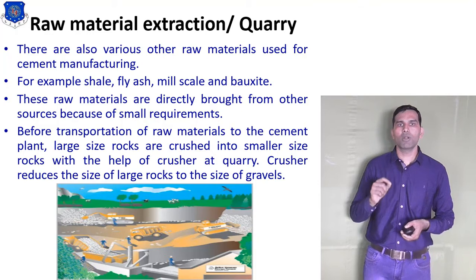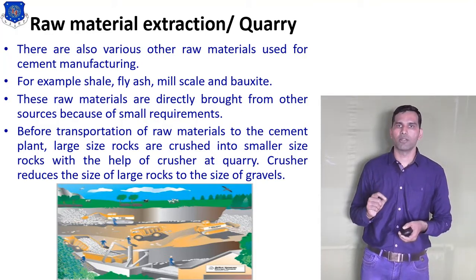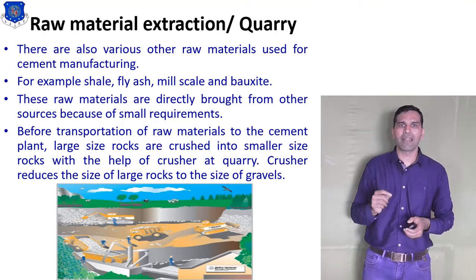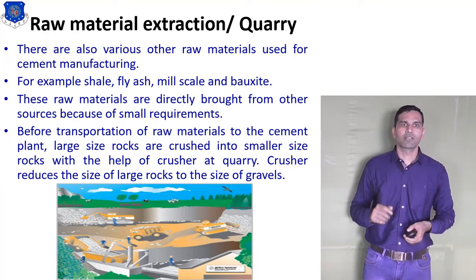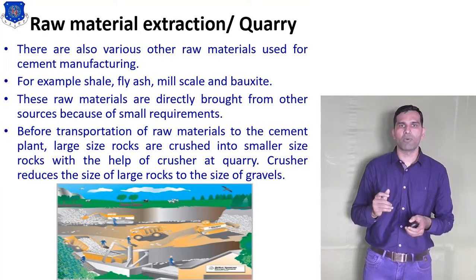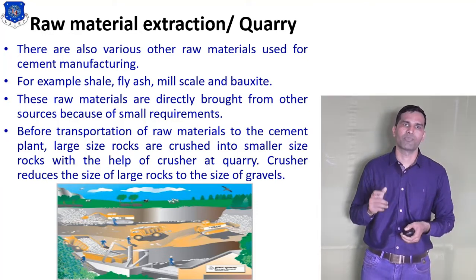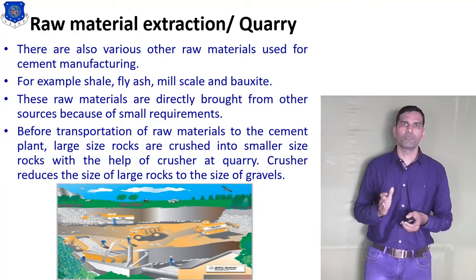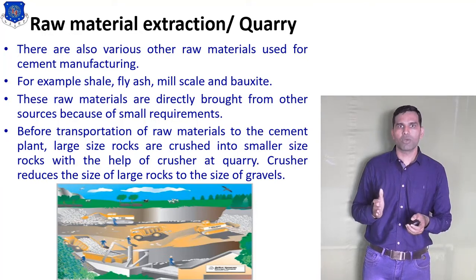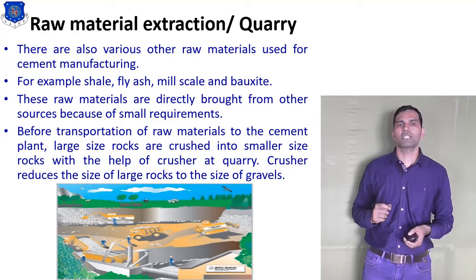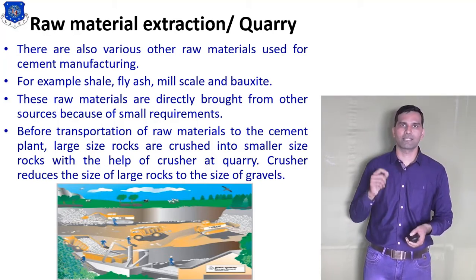Before the transportation of raw material to the cement plant, large rocks are crushed into smaller rocks with the help of a crusher at the kiln. The crusher reduces the size of large rock to the size of gravel. So this is the first step, raw material extraction.